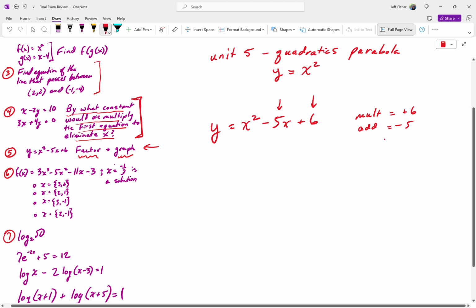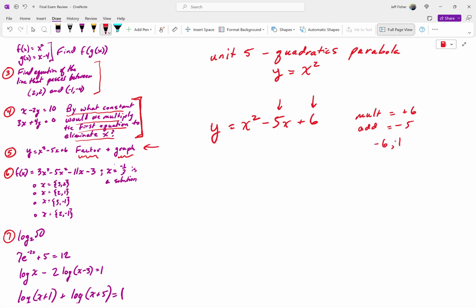So we're going to have 6 and 1, but it's going to be both a negative 6 and a, oh, wait a minute, that's not going to work either, is it? Negative 6 and negative 1, but that's not going to give us a negative 5x. We might have to put this into the quadratic formula. Or maybe I just picked a bad example. Rather than negative 5, I probably should have used a different value here.